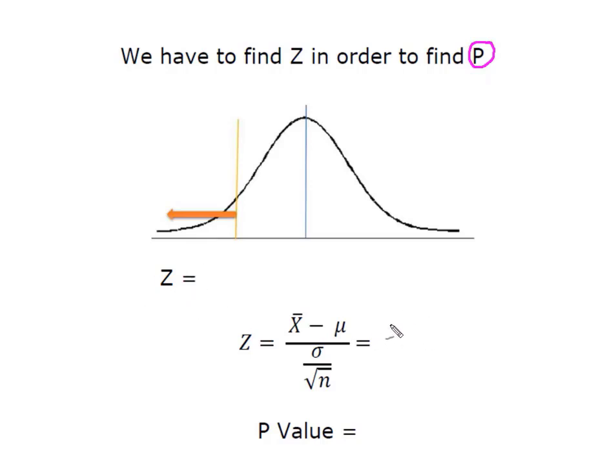We knew that the average for Bob's mouse guys was 34. And we had a population mean of 40. Population standard deviation was 14 mice. And we had a sample of 42, which is our n. And so when we do that calculation, we come up with a z-score of 2.78.